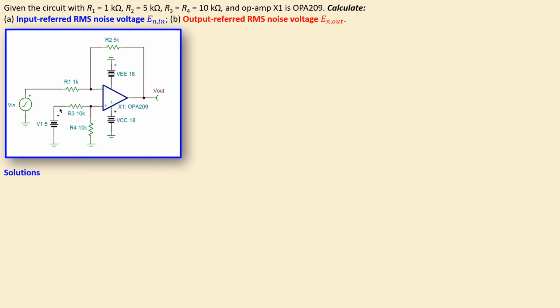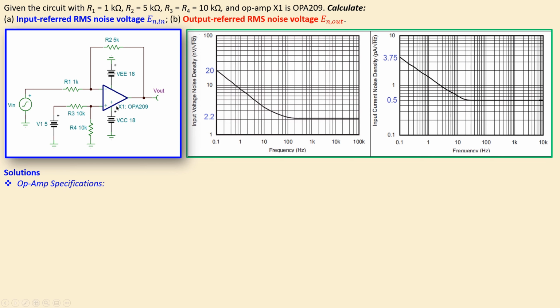Of course, before we move on with the solutions, we need to work out and discuss the op-amp specifications in more detail. Now, from the datasheet of the OPA 209, you can find these 2 plots. The left side is the input noise voltage spectral density, and the right side you can see the plot of the input noise current spectral density of this op-amp.